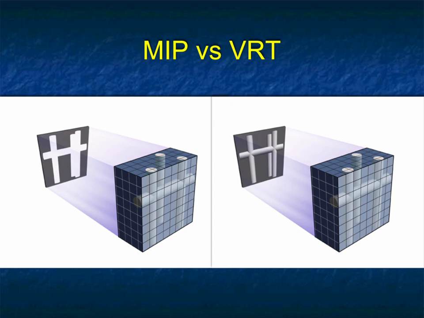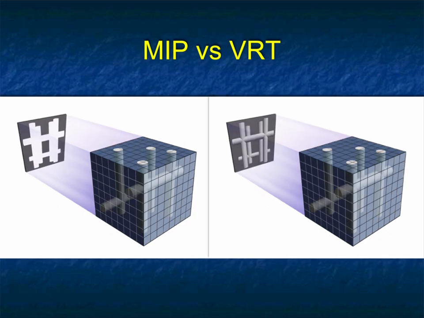Again, volume rendering and cinematic rendering prioritize where things are in space. And so when you're doing 3D, it's much easier to understand and be correct when using that information. The more complex the structure, here you can see 4 poles and 2 cross poles, the more complicated the situation, the more volume rendering has advantages over MIP.